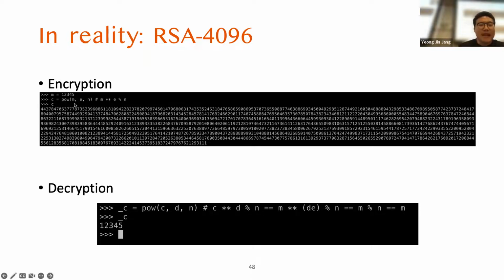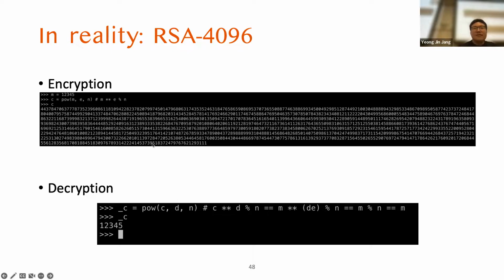Because our N is quite a big number, even if the message size is small, we are exponentiating 65,537 times, so it becomes a big number too. But as a result of applying the modulo operation, the resulting number will be smaller than N, smaller than 4096 bits, and that is this message.